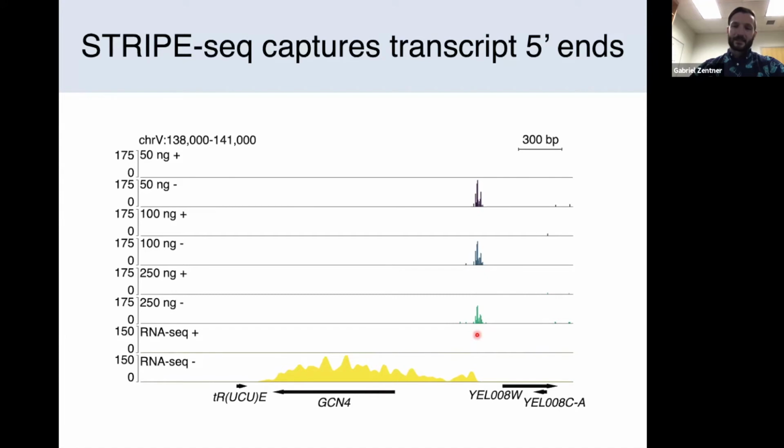This is consistent with old work from Alan Hinnebusch's lab, demonstrating that the 5' UTR of GCN4 has 4 upstream open reading frames that essentially act as ribosome sponges to prevent this message from being translated under non-starvation conditions.